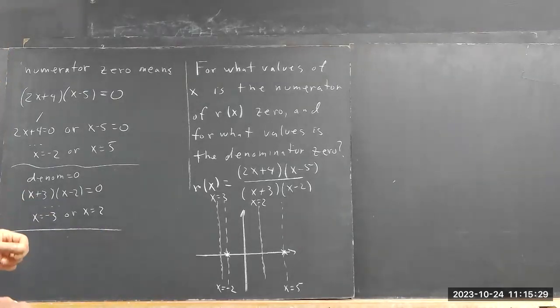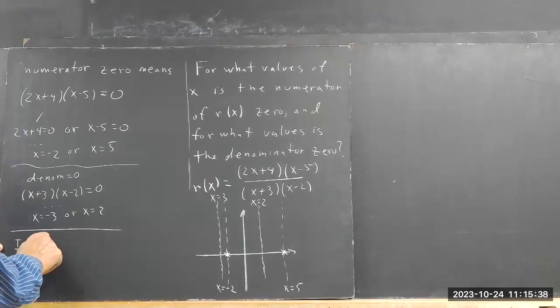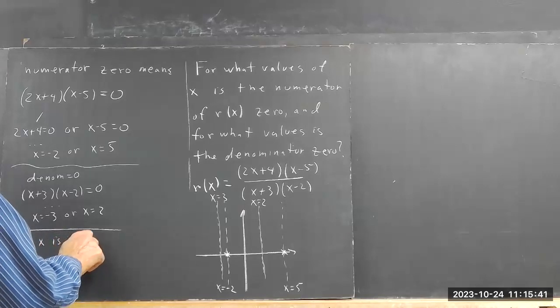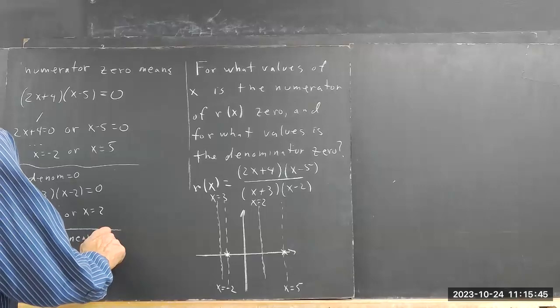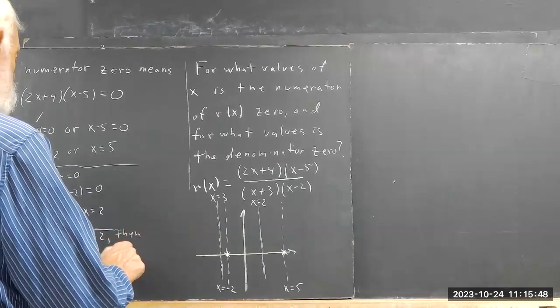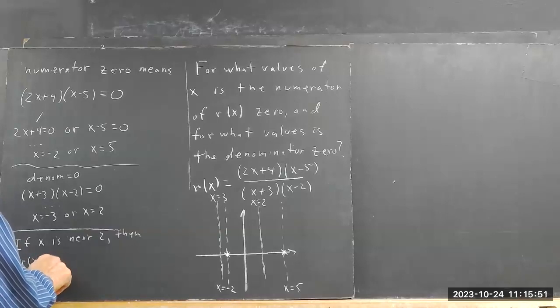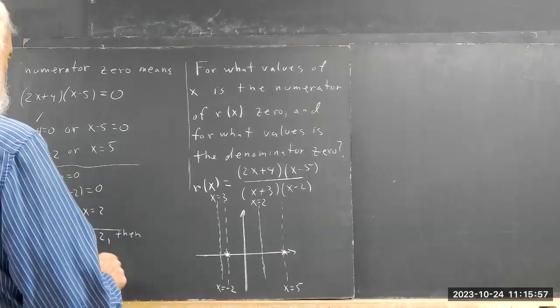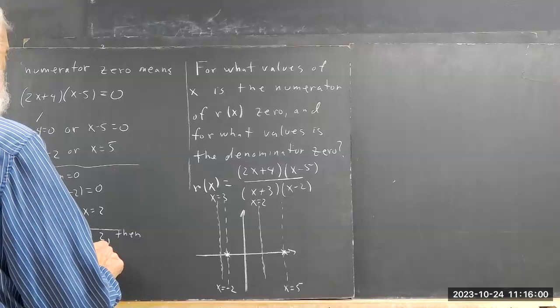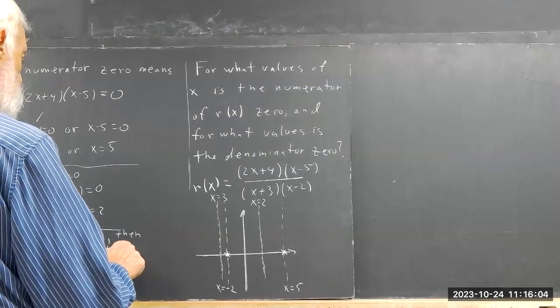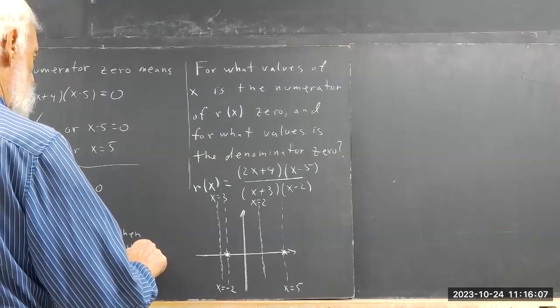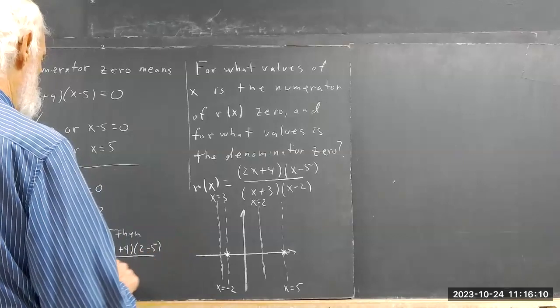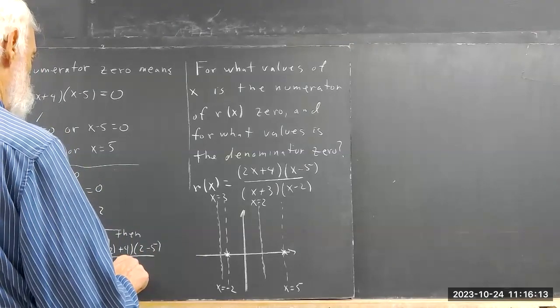What I'm going to say for right now is if x is near 2, if r of x is near, I guess I'll write it out, 2 times 2 plus 4 times 2 minus 5 over 2 plus 3.